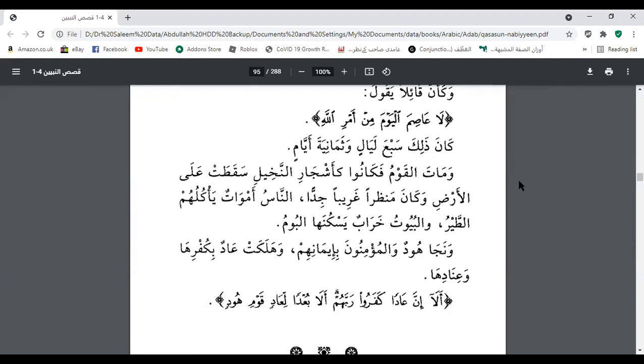It lasted seven nights and eight days, and the people died. They were like trunks of date palm trees fallen on the ground.